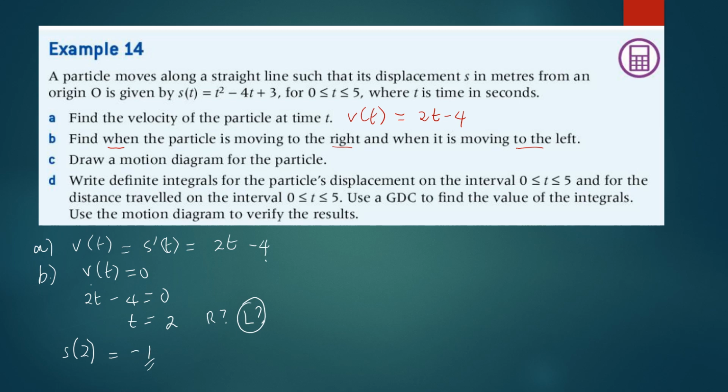From time, where shall we write that? 0 to t to where t is greater than 0 and less than 2, we have a velocity which is less than 0. So from 0 to 2, it's on the left. Okay, let us write it here.